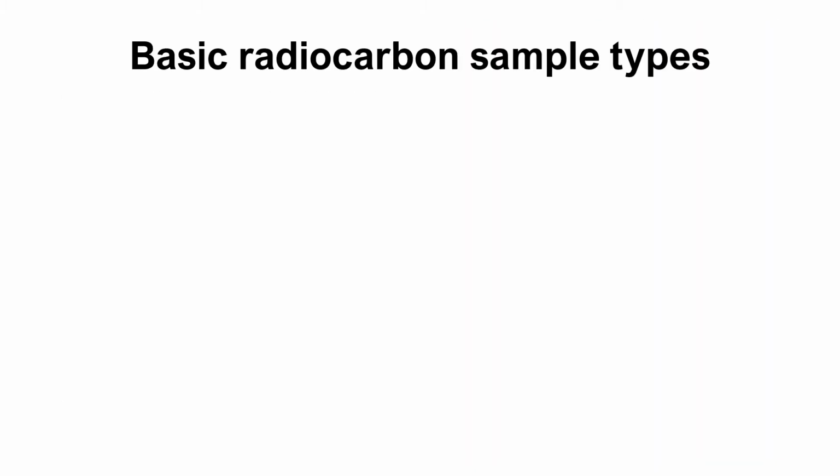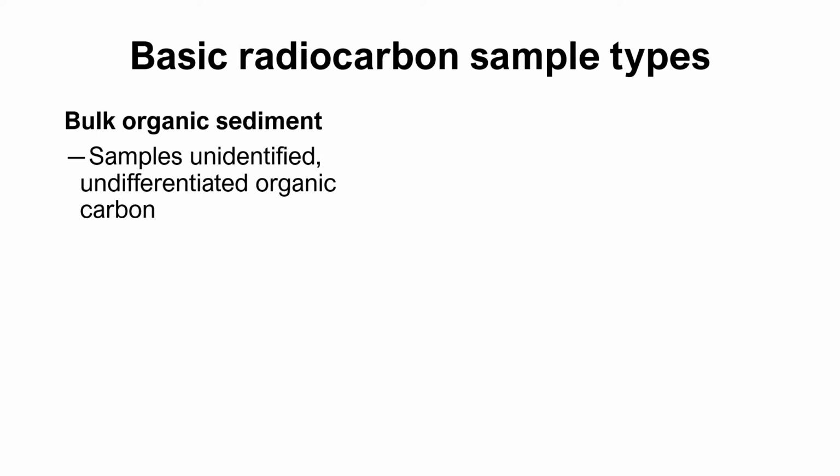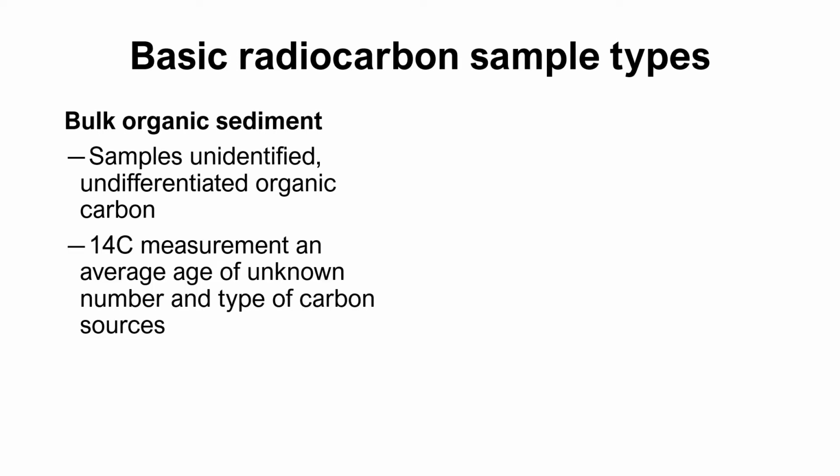Some typical things that are sampled for radiocarbon analyses are bulk organic sediment, and this is an undifferentiated, unidentified organic carbon sample. Any radiocarbon measurement on this sample type will be an average age of an unknown number of carbon sources, and generally an unknown type of carbon sources.